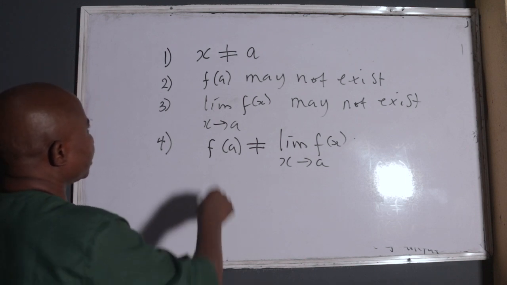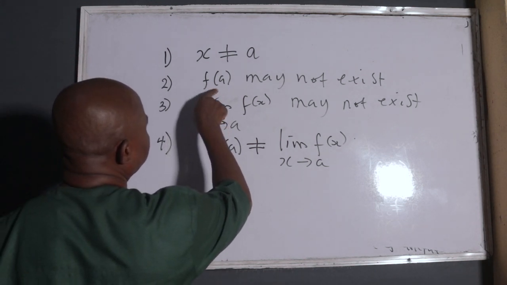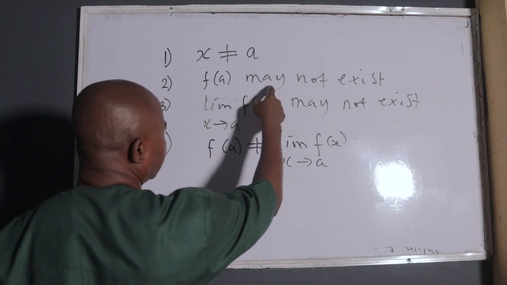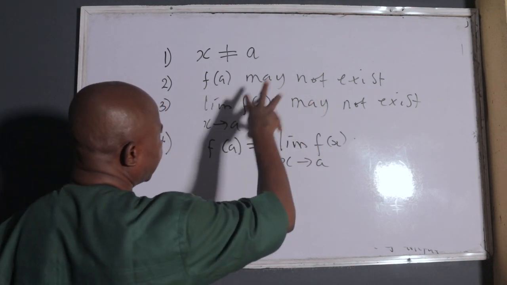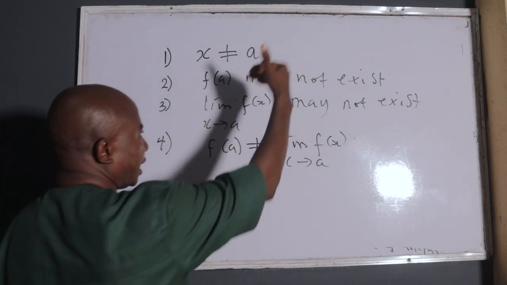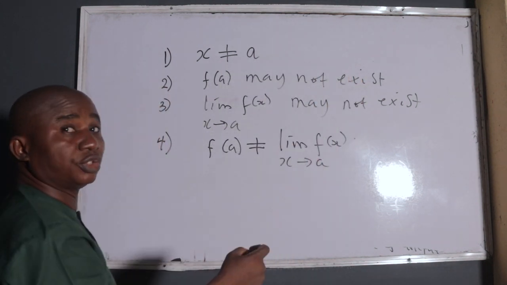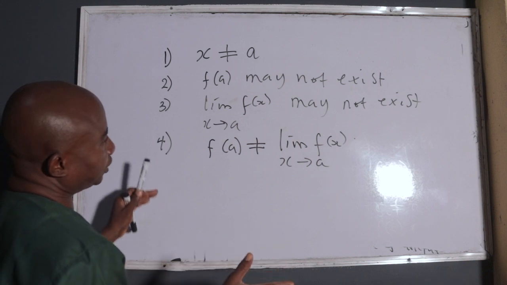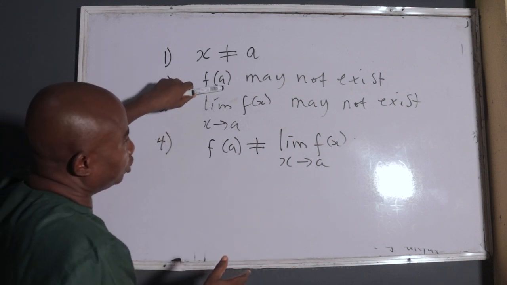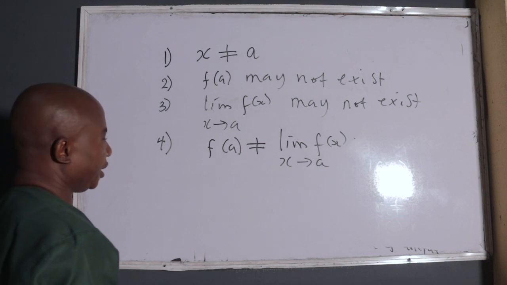Alright, for example, let me start from here. A case where f at a does not exist. So I take a point and then I want to see. This is very crucial for the next topic we're going to learn, which is continuity of a function. So we shall see, in that case, what should be the situation with f of a.